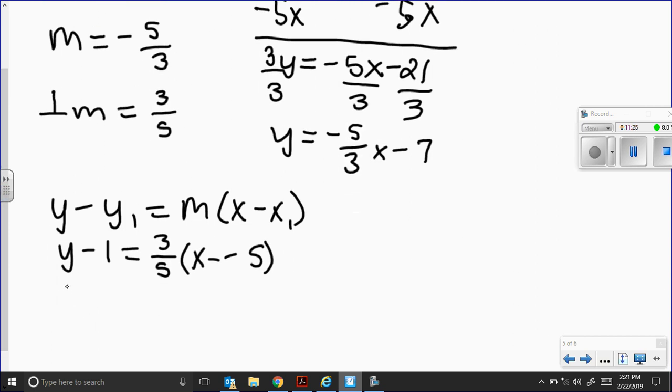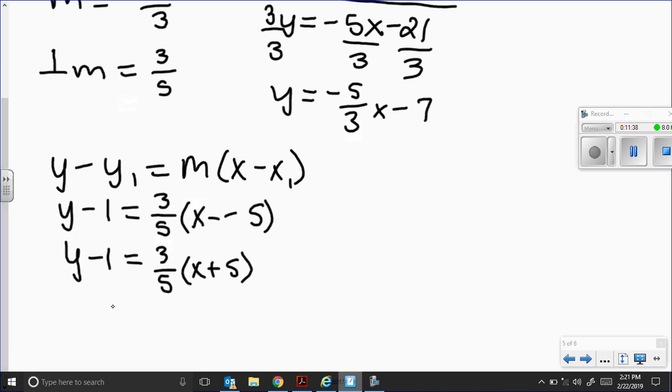Now let's get rid of the double sign before we do anything. So we get y minus 1 equals 3/5 times x plus 5. Now we're going to distribute. So we get y minus 1 equals 3/5 x plus 3.